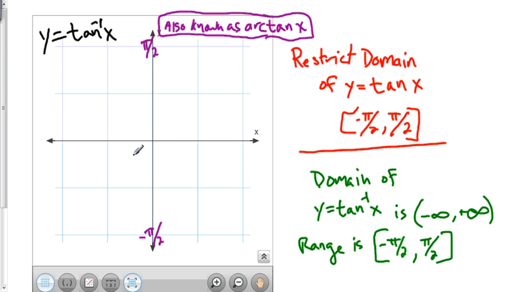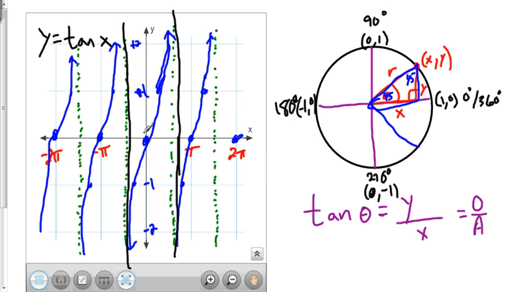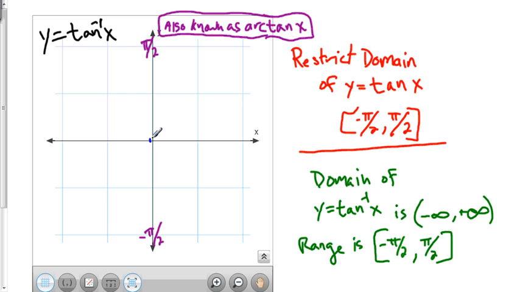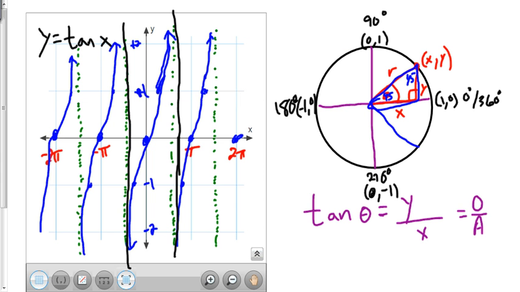Again, I don't need to write that down. All right, so let's go back and look at some of the points here. So we said when x was 0, y was 0. So once again, when we switch the x and the y, we get x 0, y 0. Let's come over here.